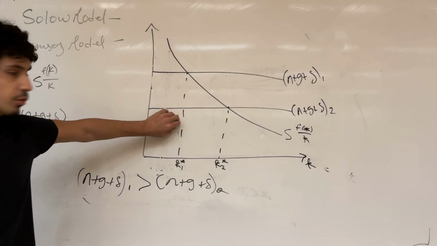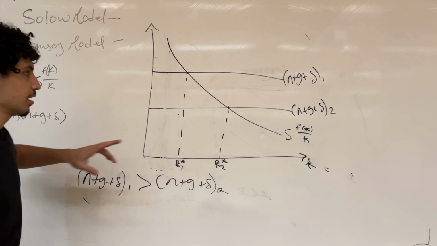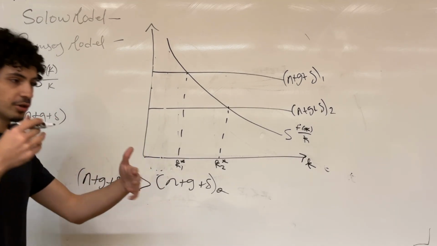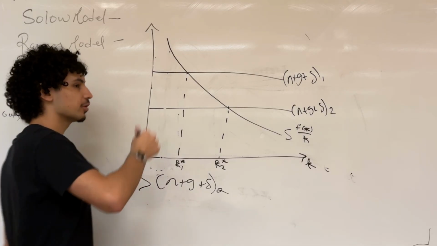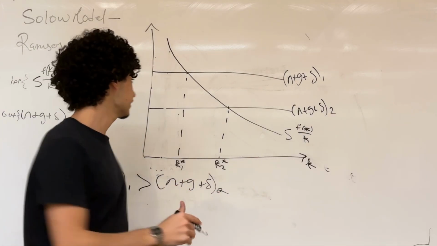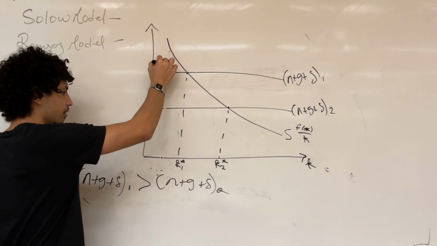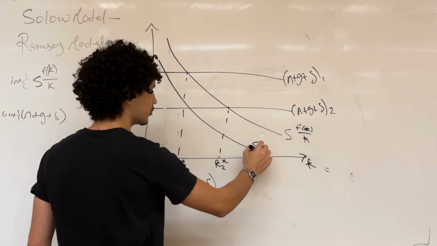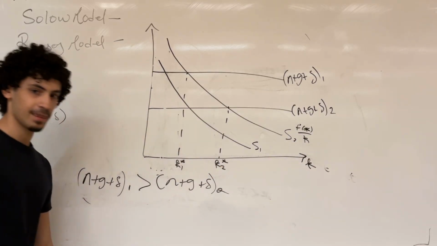Now, this is kind of a more realistic look on how countries are, but the most realistic is another line here showing savings of country 1 being less than country 2.